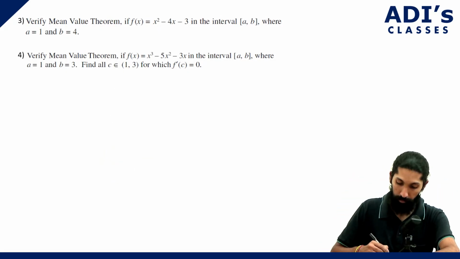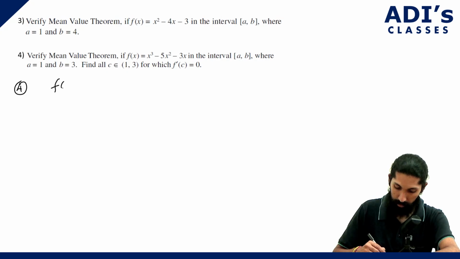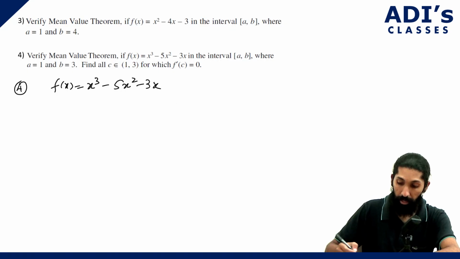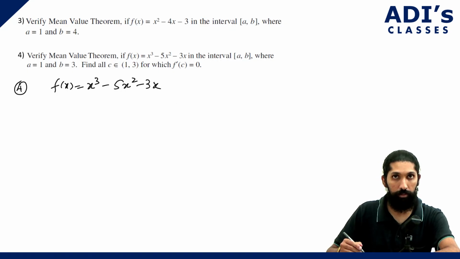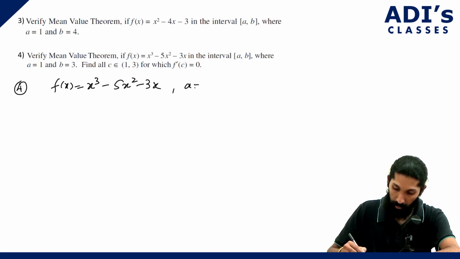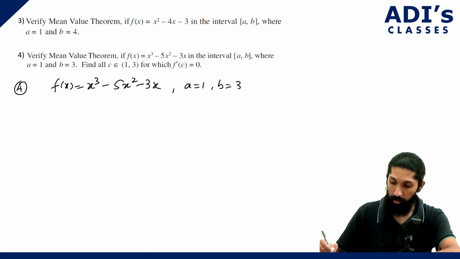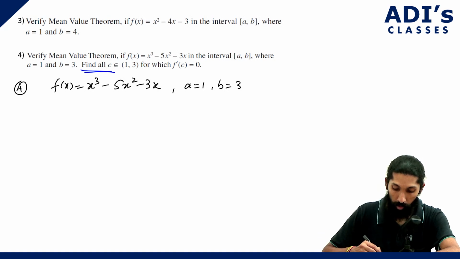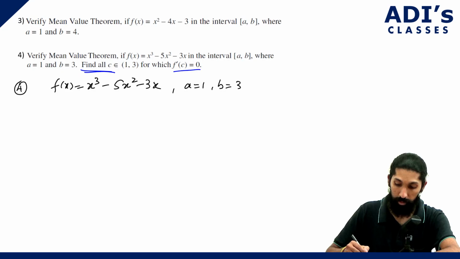See this problem. What you have is f of x equals x cube minus 5x square minus 3x. Again, it's a polynomial function, isn't it? Here, the a value is 1 and the b value is 3. Now, the question is a little different: find all c values for which f dash of c is 0.